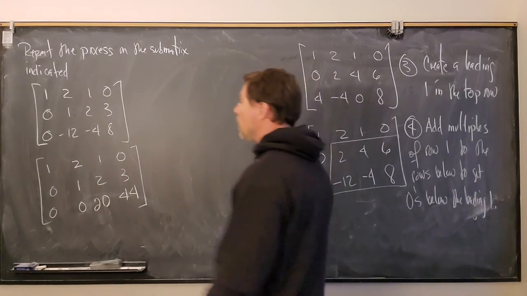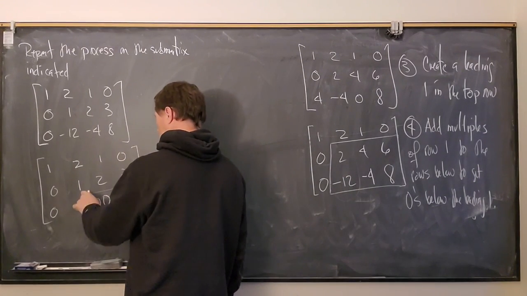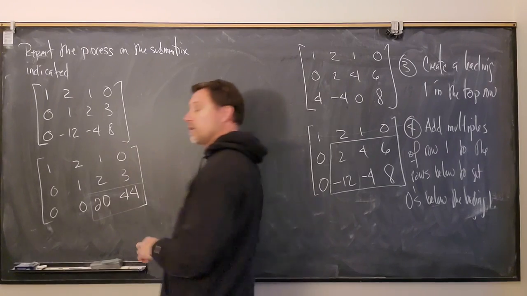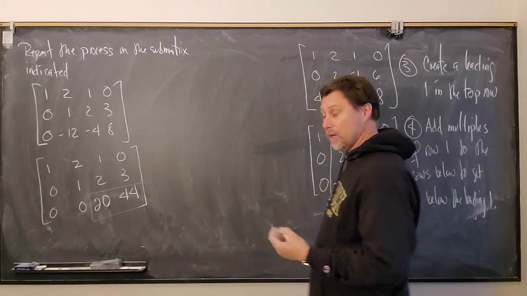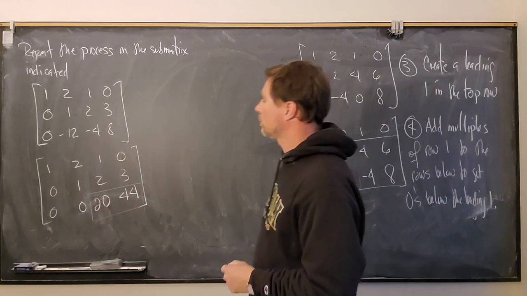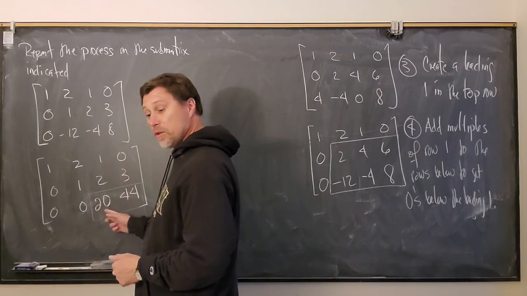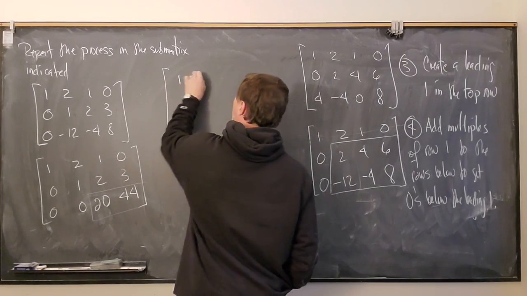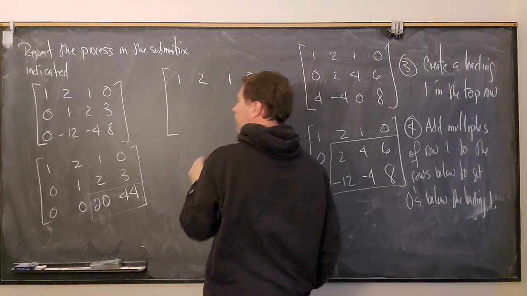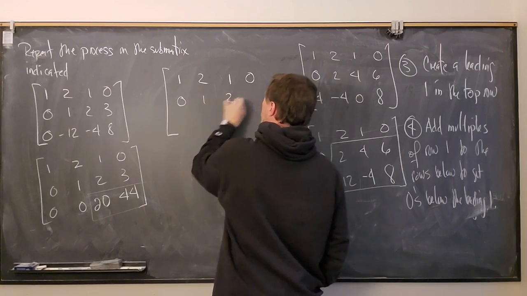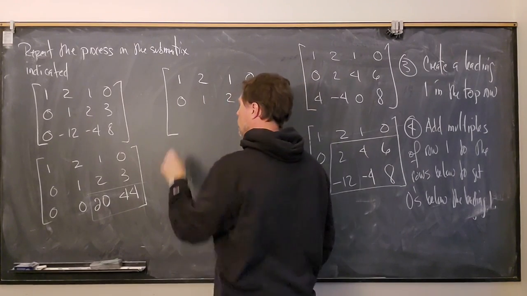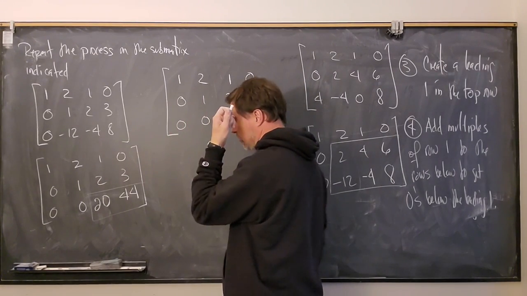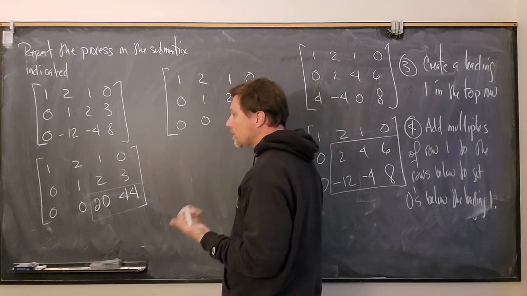So now what I do, I repeat the process on the little submatrix that lies below the second row. Well, in this case now, all I need to do is create a leading 1 right there. And so 1, 2, 1, 0, 0, 1, 2, 3, 0, 0. So now I need to multiply by 1/20th.